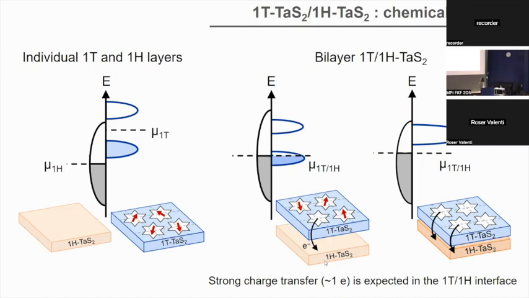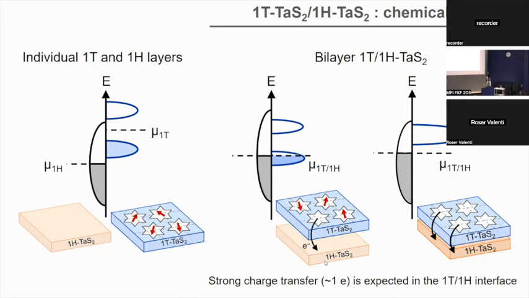So first of all, whenever we put two layers of different types of structures together, we always have to consider their relative chemical potentials. So what are their work functions? And depending on whether the work functions are very different, we are going to expect charge transfer.